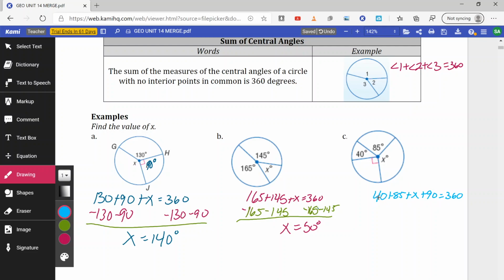We can add the solid numbers. 40 and 85 make 125, and we add the 90, so we have 215. So we really have 215 plus x gives me 360. So we'll subtract 215 from both sides.